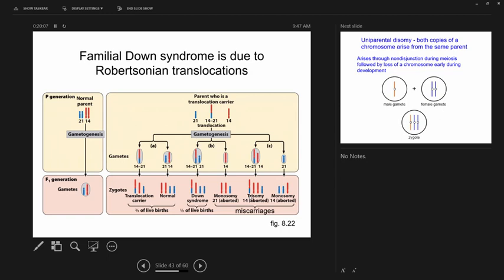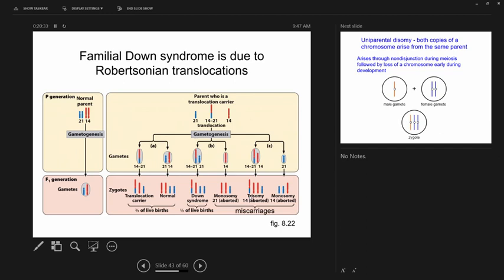Or you can have this case in which the two 14s pair again, but the 21 goes here. Or you can have case C on the right where the two 21s pair and switch, and then the two 14s go together.